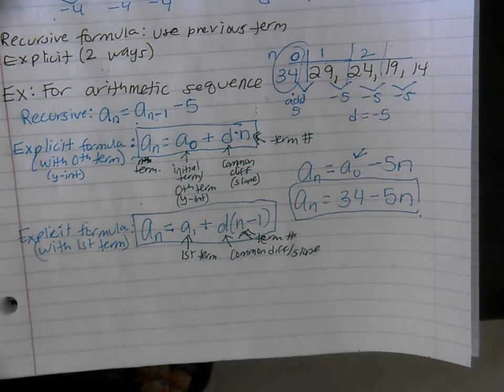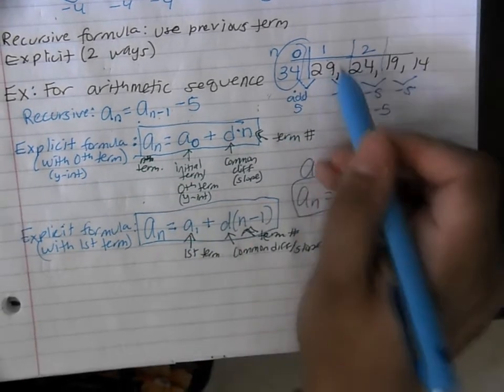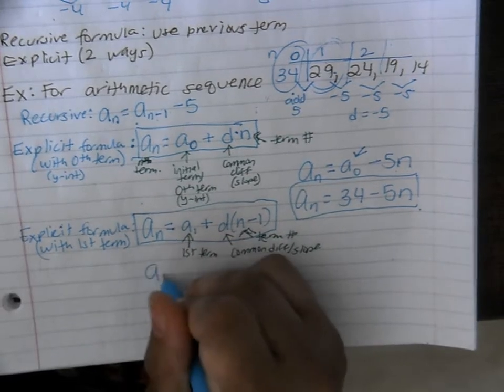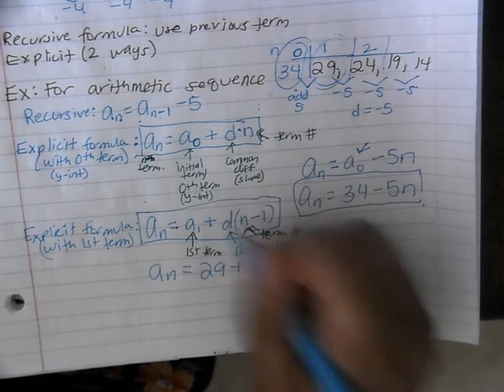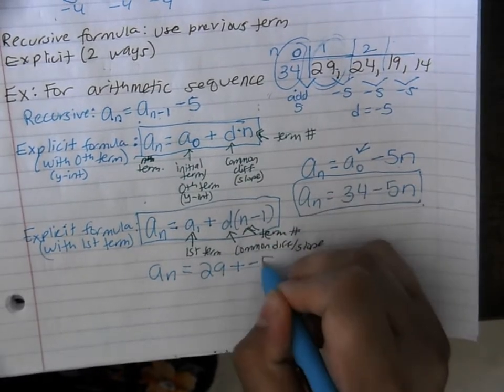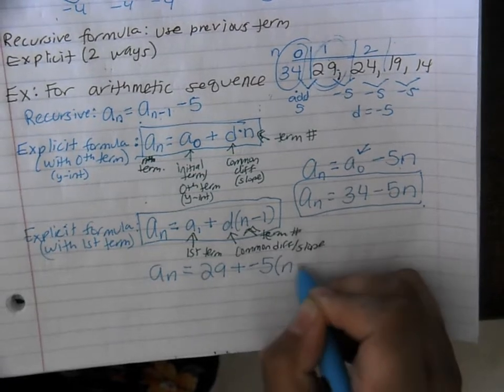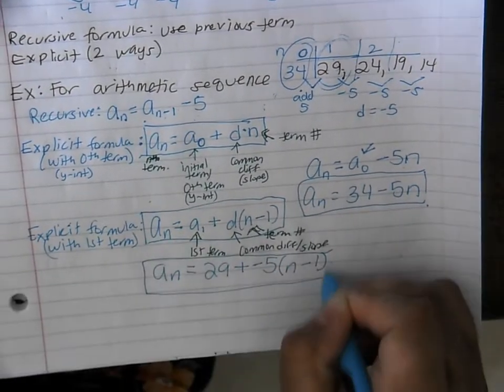So to find the answer here, we are going to substitute as much as we know. We know the first term here is 29. So this would be written a sub n equals 29 plus the d was still -5. If you don't want to write a plus and a negative, you could just change that to a minus, and then n minus 1. That would literally be how you leave your answer.